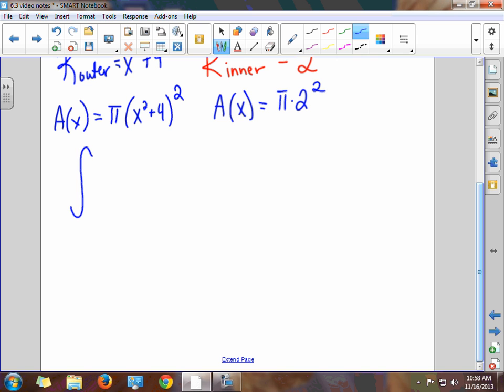So I integrate from 1 to 3. And it's going to be area for the first minus area for the second. I'm going to go ahead and take the pi out of both of them. It just makes it easier. So this is x squared plus 4 all squared minus 4 dx.